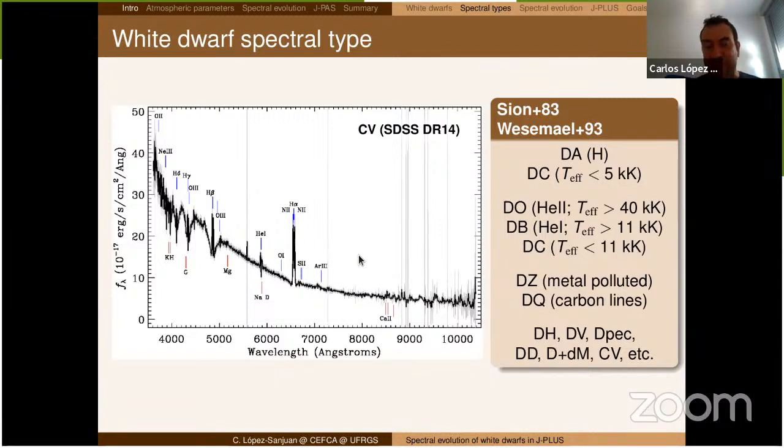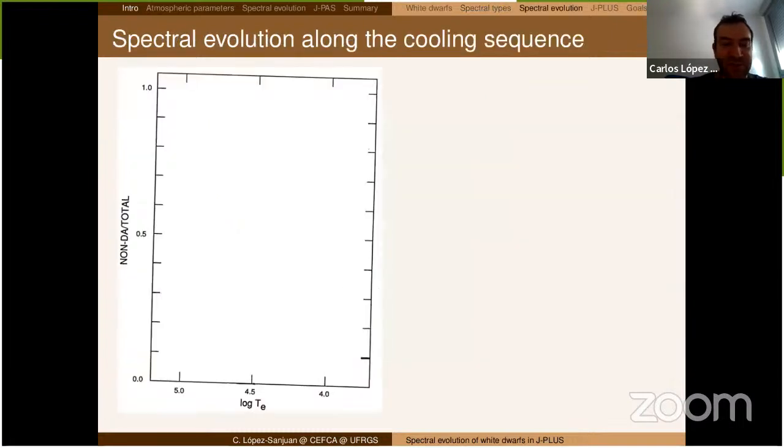But what happens if we take two big families, let's say DAs, that are the most common white dwarfs in the sky, and non-DAs, other objects? This is what you can see here: the fraction of non-DAs over the total number of white dwarfs as a function of the effective temperature. Think that white dwarfs, when they form, don't have nuclear reactions in the interior, so they can only cool down.